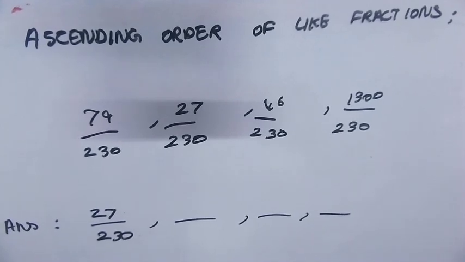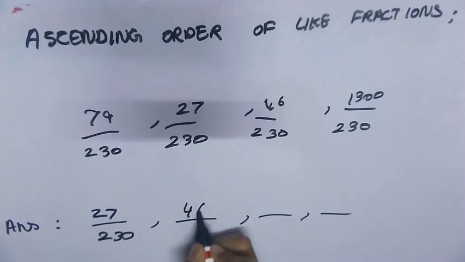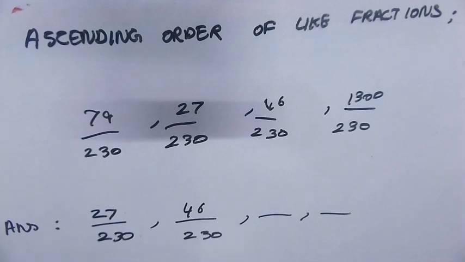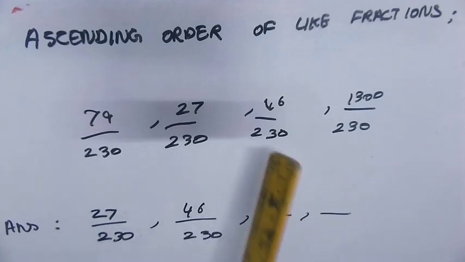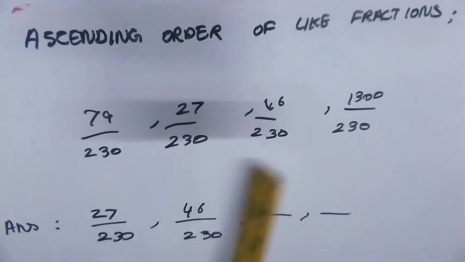Next we have to find the fraction which is greater than this fraction but smaller than another fraction which is greater than that. So that would be 46 by 230. As you can see, other numbers are greater than 46, but the only number which is lesser than 46 is 27.